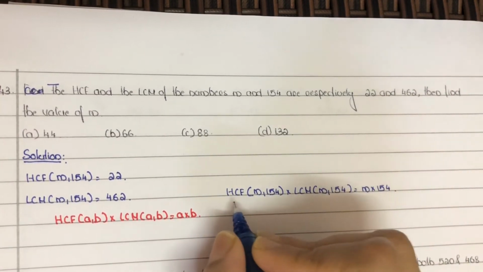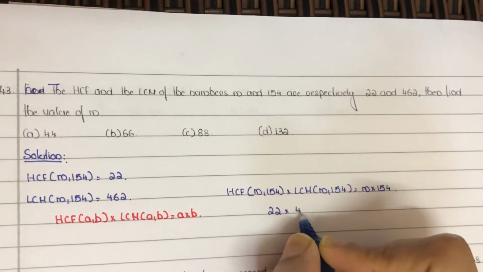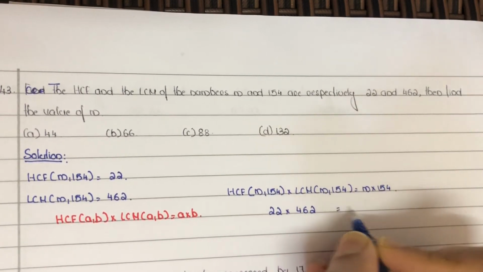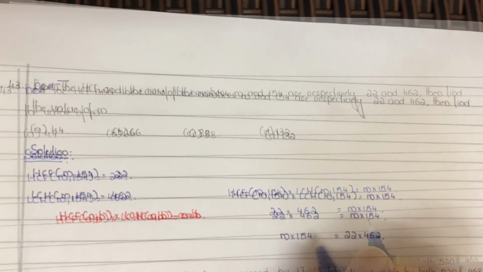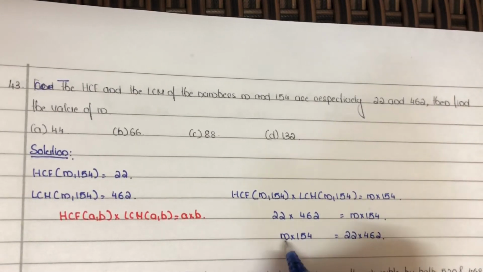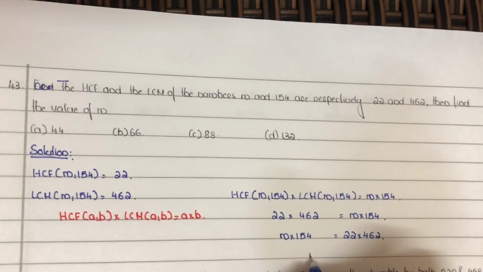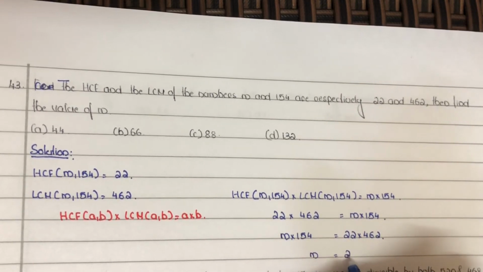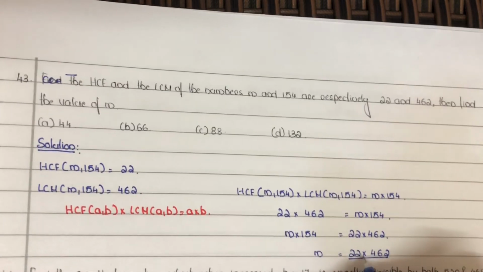Now substitute the values. HCF is 22. 22 into 462 is equal to m into 154. We can write this as m into 154 equal to 22 into 462. So m is equal to 22 into 462 by 154.